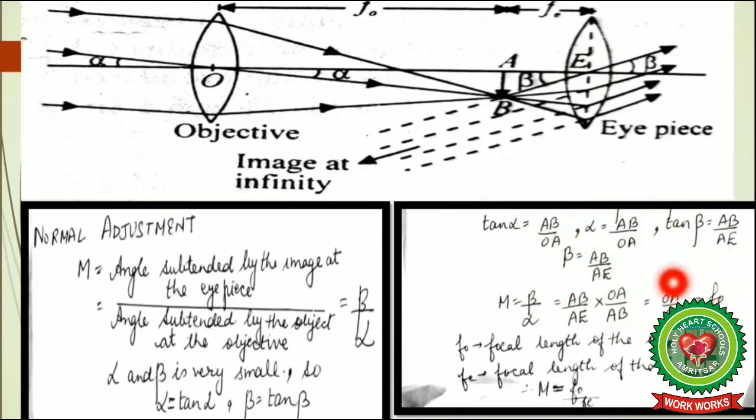So ultimately we will get M is equal to F0 over FE. F0 is the focal length of the objective and FE is the focal length of the eyepiece. So M becomes equal to F0 over FE.